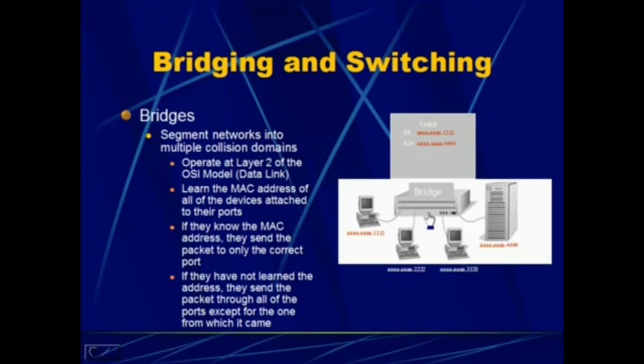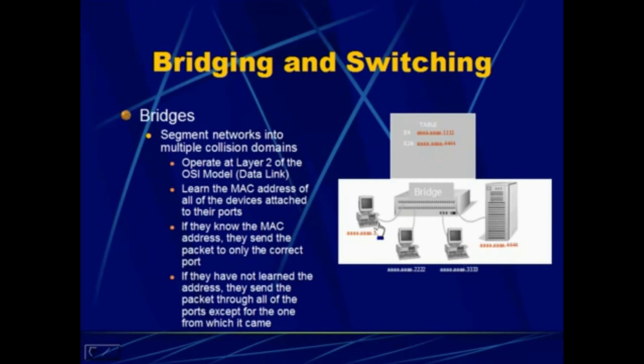In other words, if this computer, AAAA 1111, was going to send information to a computer that is in that same segment, then when the bridge received those packets and it had learned all of the addresses of the computers in that segment, it would look at that and say, okay, this came in my E4 port, and I'm going to send it out my E4 port.